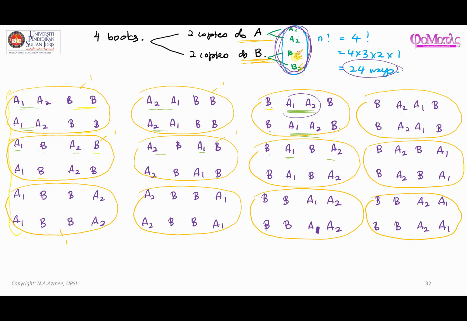So by removing the subscript for B, we have reduced 24 ways to 12 ways. 12 ways of arranging what we considered here as two different objects with two similar objects.